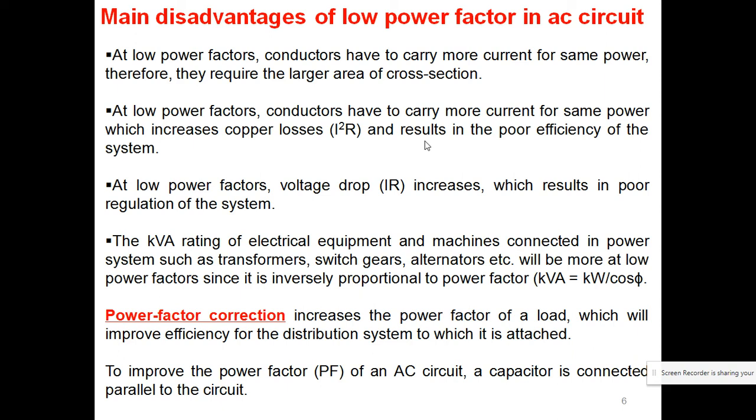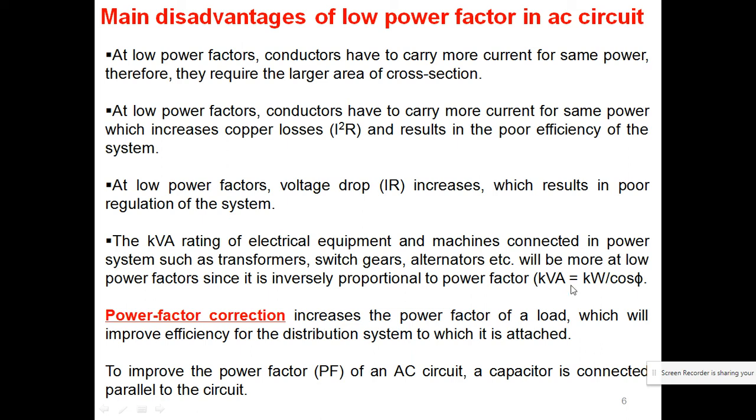Machines connected in power systems, such as transformers, switchgear, which we discussed in our electrical installations chapter, and alternators will be larger at low power factors, since the rating is inversely proportional to the power factor. You can see this one here.